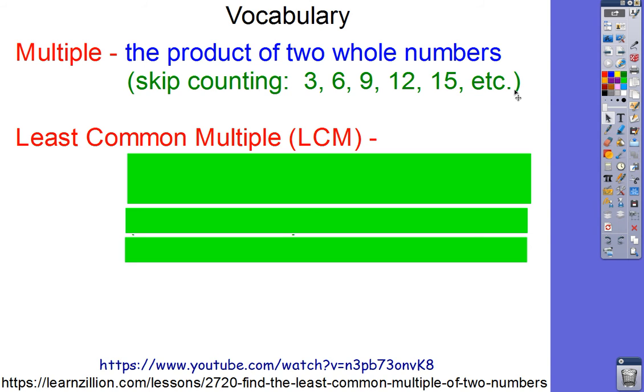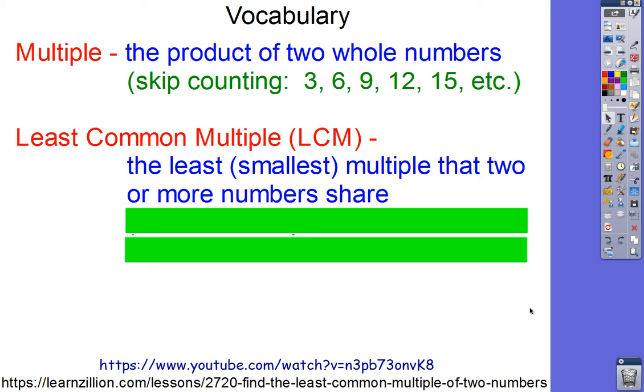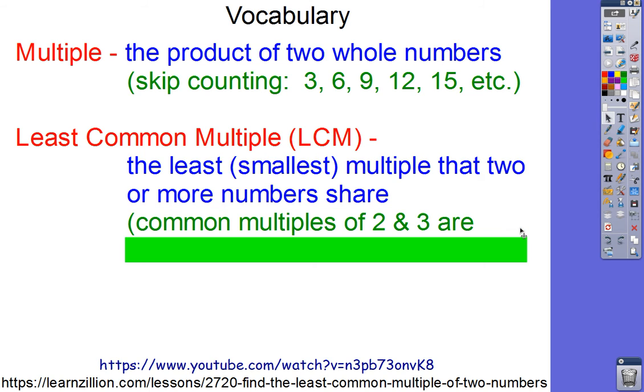When we are talking about least common multiple, or LCM, what we want to do is find the least, or smallest, multiple that two or more numbers share. For example, let's say I wanted to list the multiples of 2 and 3. Off to the side, I'm going to make a chart.